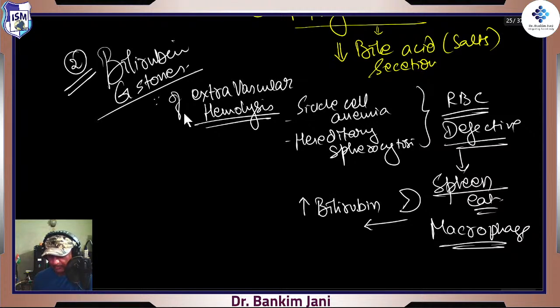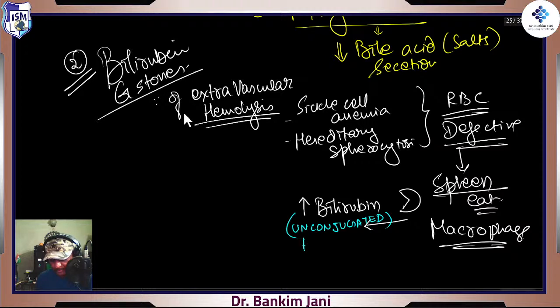Okay, but we need to add one word, and that is unconjugated. Unconjugated. This is unconjugated because it is the liver that does the helping, liver is so decent, right? He'll help a lot in this. But the spleen will say my function is to eat them up, and this is the release of increased unconjugated bilirubin.